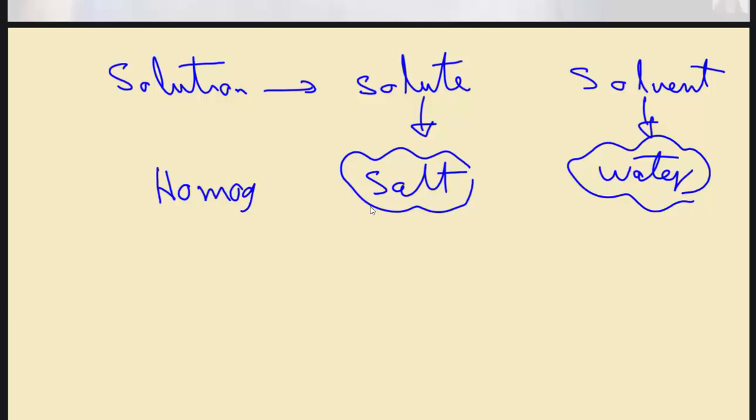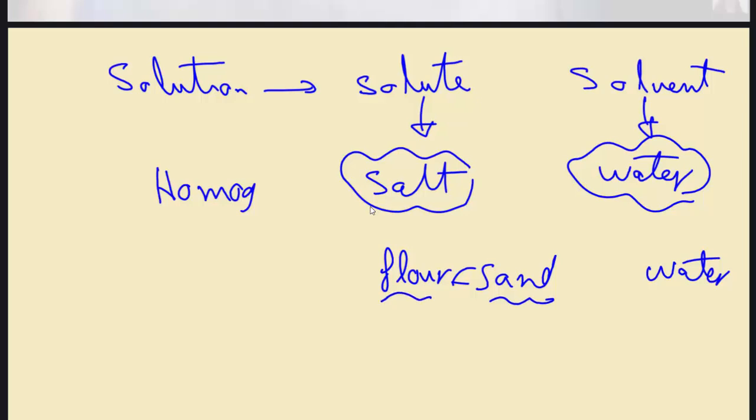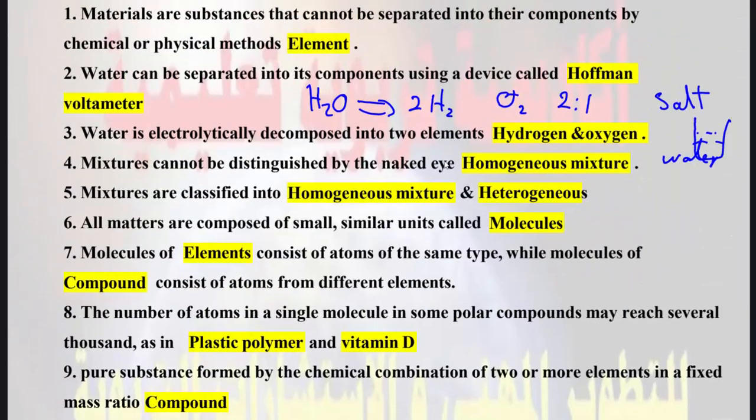While when we add flour or sand to water, we can distinguish the flour or sand by the naked eye, so it's a heterogeneous mixture. This is the difference between homogeneous and heterogeneous mixtures.